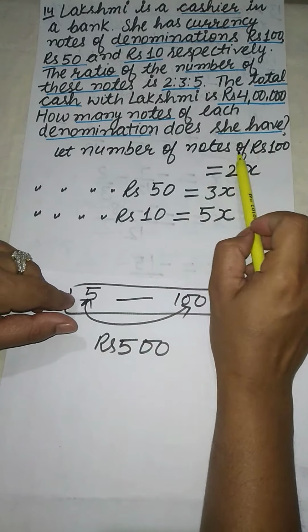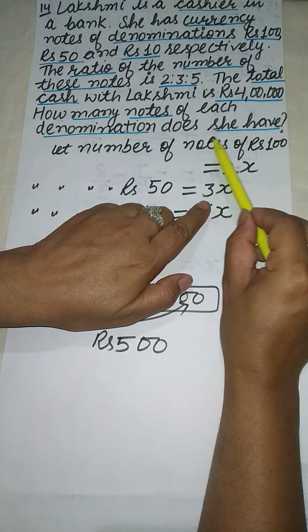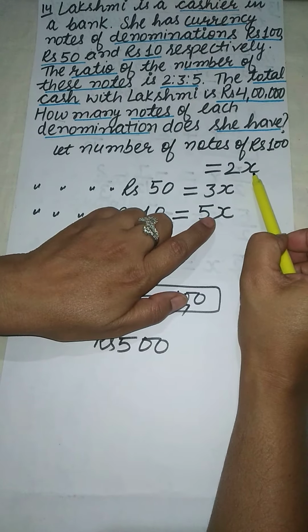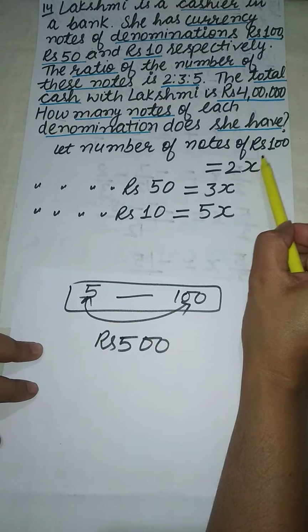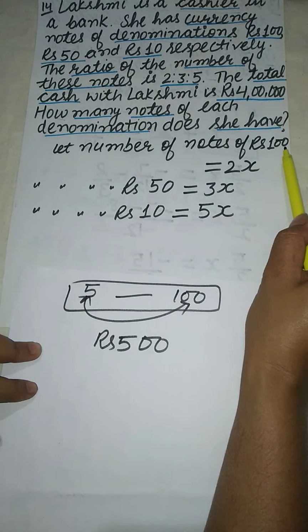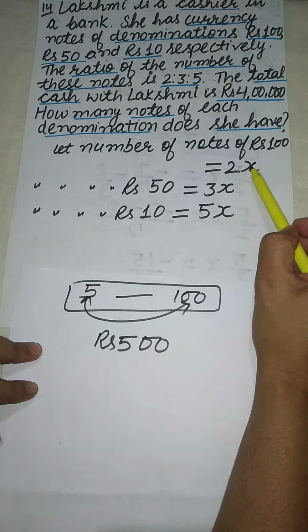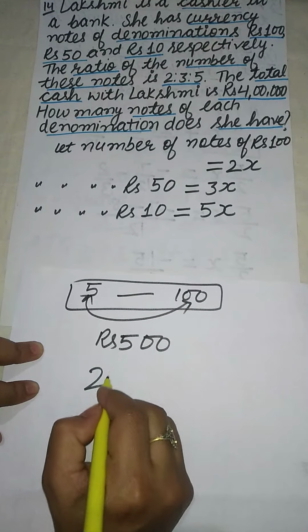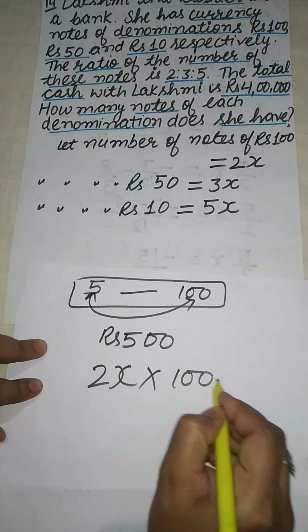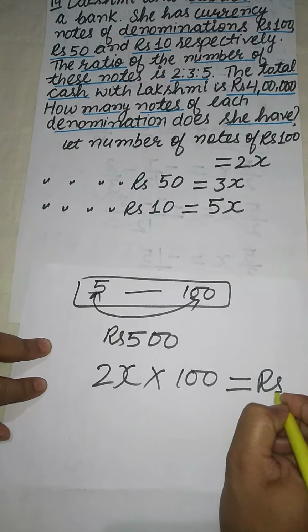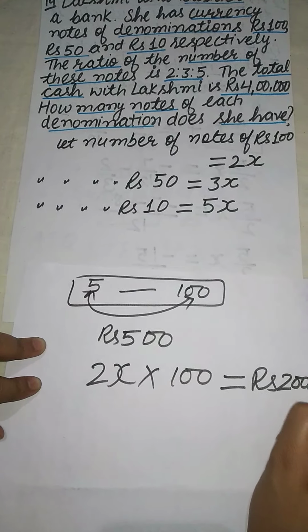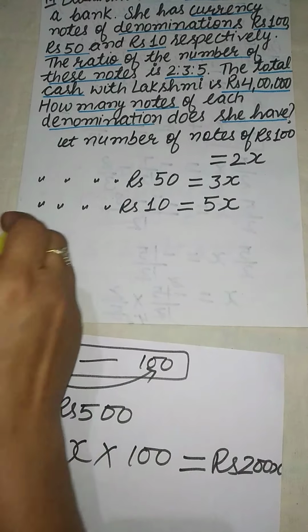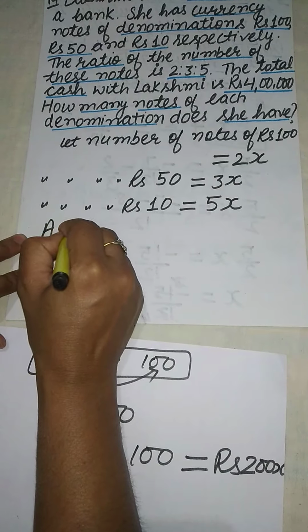Now here the number of notes of rupees 100 is 2x. So the amount of rupees 100 notes will be 2x multiplied by 100. It means the amount will be rupees 200x.